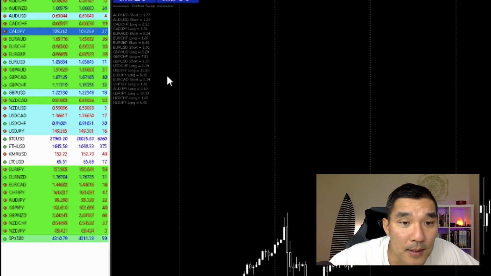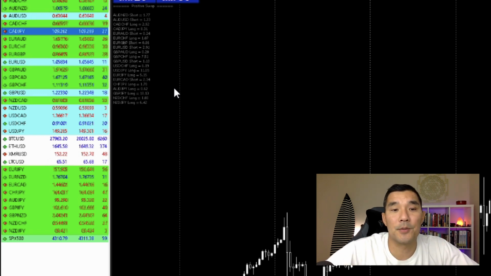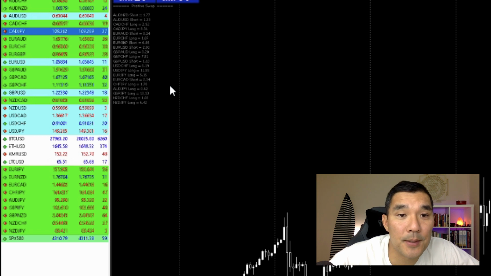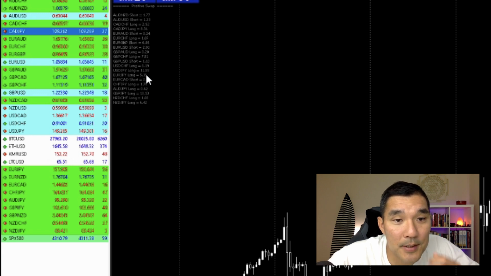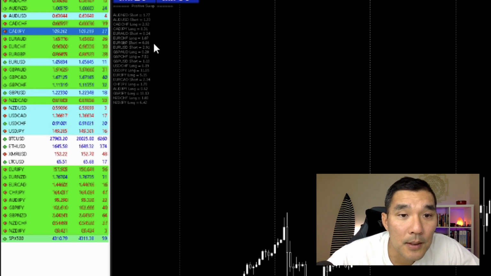So if we look at these right now, the yen pairs are going to have the biggest difference between the two currencies, right? So that's going to be the highest positive interest. So we've got pound yen at 10 plus, we've got USD Japanese yen at 11 plus, and what else?